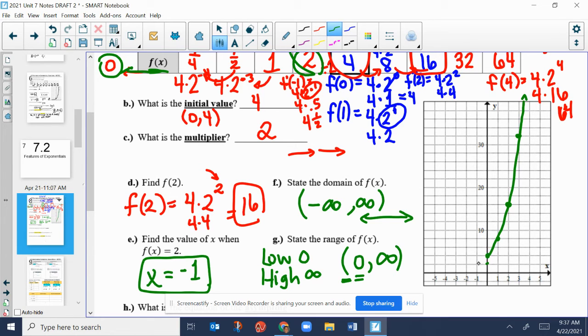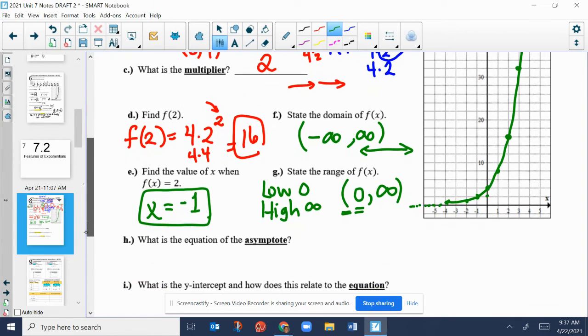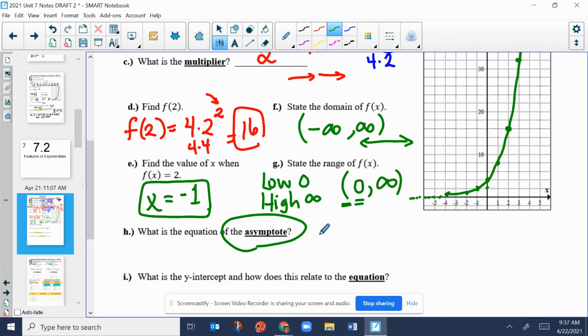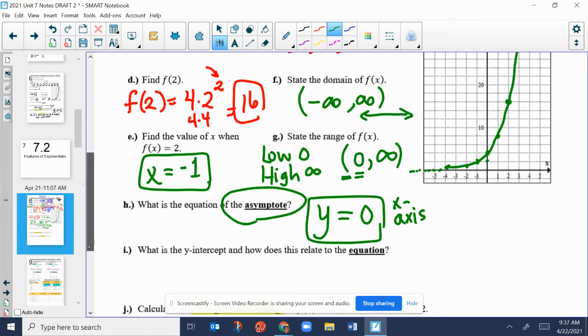And then -1 is 2, -2 is a half, and then a quarter, and it keeps getting closer and closer and closer to this line, but never touches it. The equation of the asymptote then is y equals 0, otherwise known as the x-axis, where y is 0.